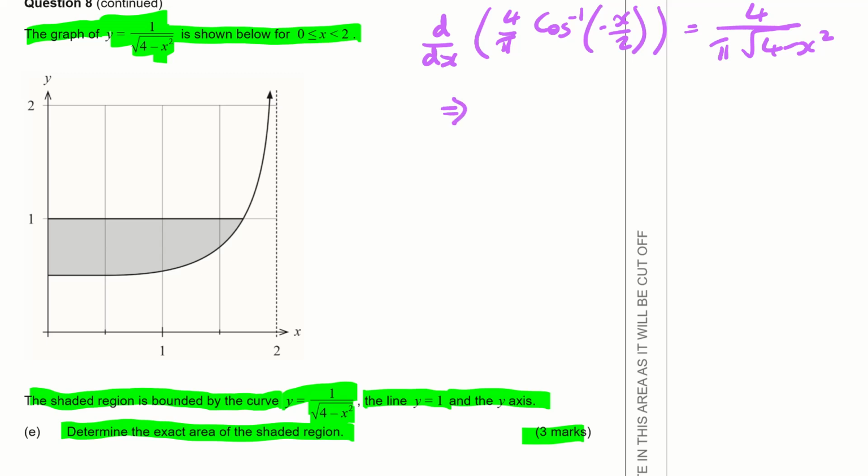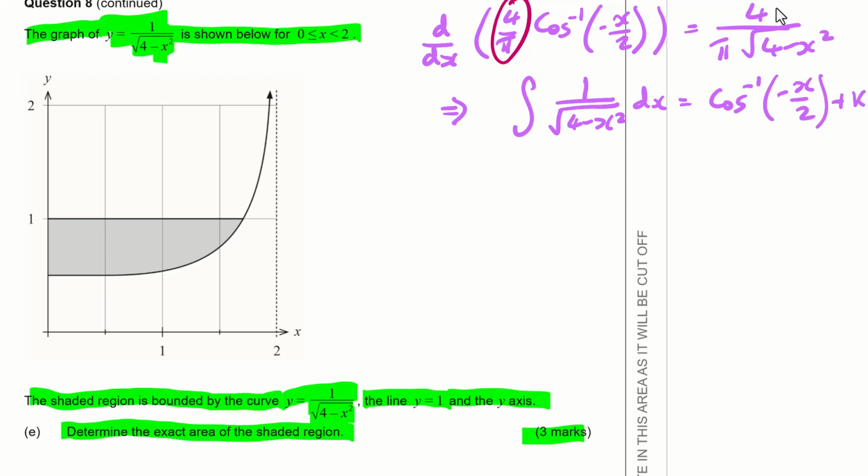That means that when we integrate 1 over the square root of 4 minus x squared, we're going to get the inverse cosine of negative x over 2 plus some constant. Now, note there that all we don't have is the 4 over pi, and that's why that works. So just file that one away for a moment.